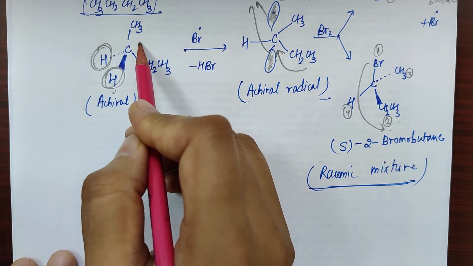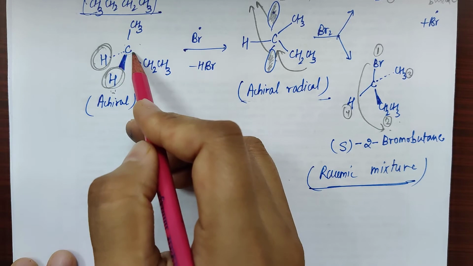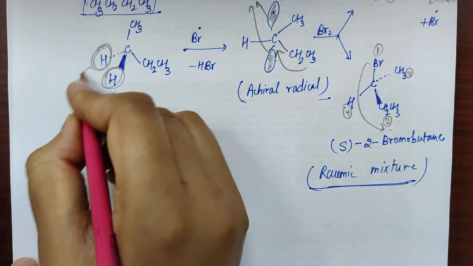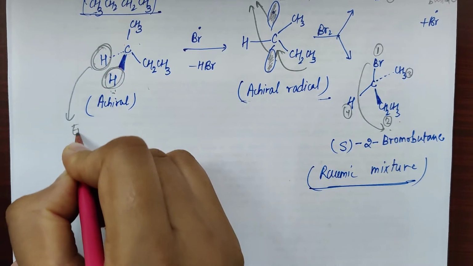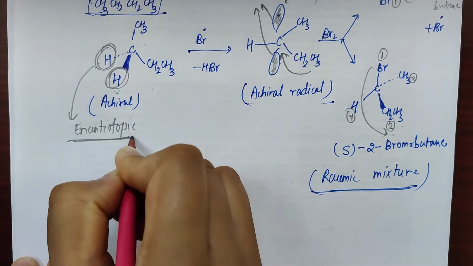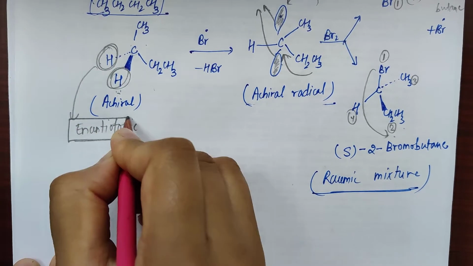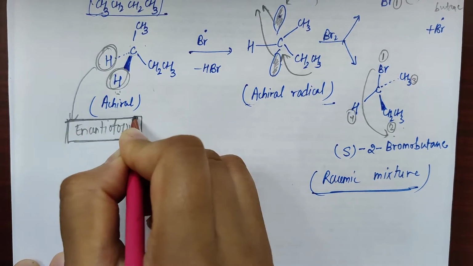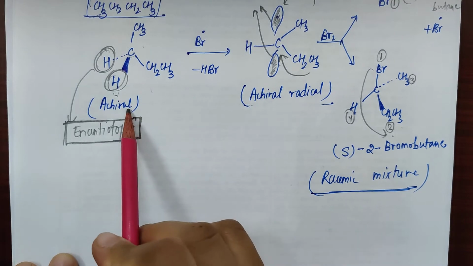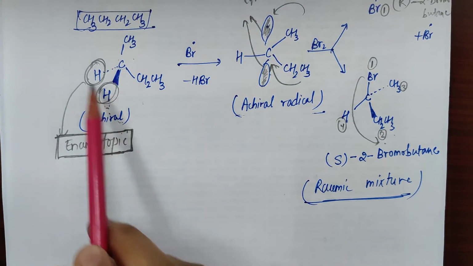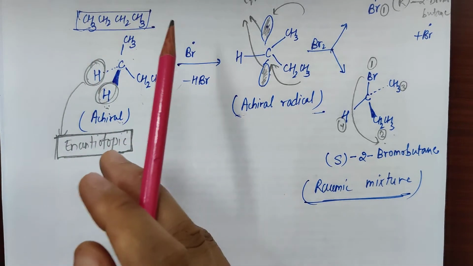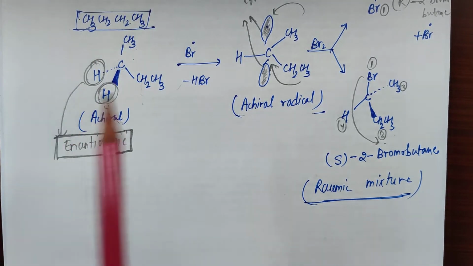So the hydrogens present on the second carbon of the butane are called enantiotopic. So you can say these hydrogens are enantiotopic because on replacing one of these hydrogens by any other group other than methyl, ethyl and hydrogen, you will obtain a chiral center here.